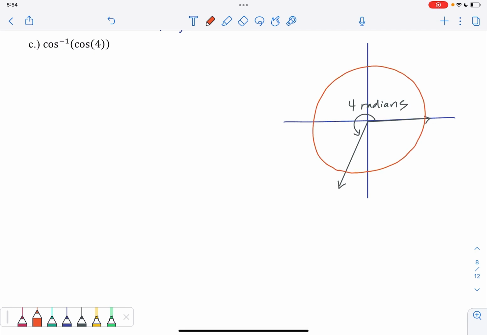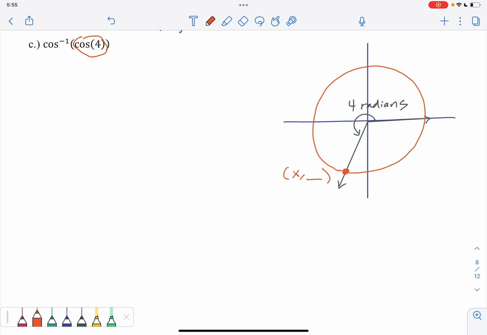There's a little wonky unit circle. But the point is, because this is cosine, the x value at this point is going to be equal to cosine of 4. Cosine of 4 is equal to that x-coordinate. I don't know what it is, but it is that x value there.